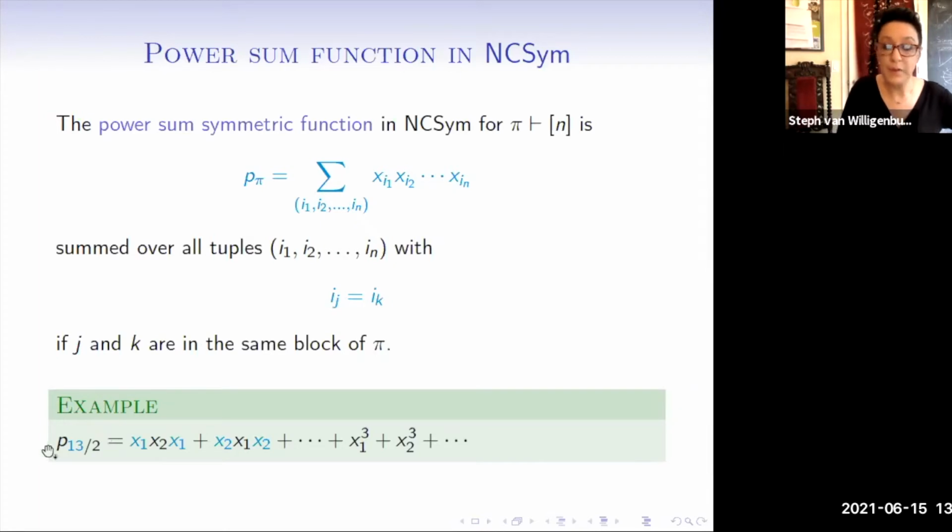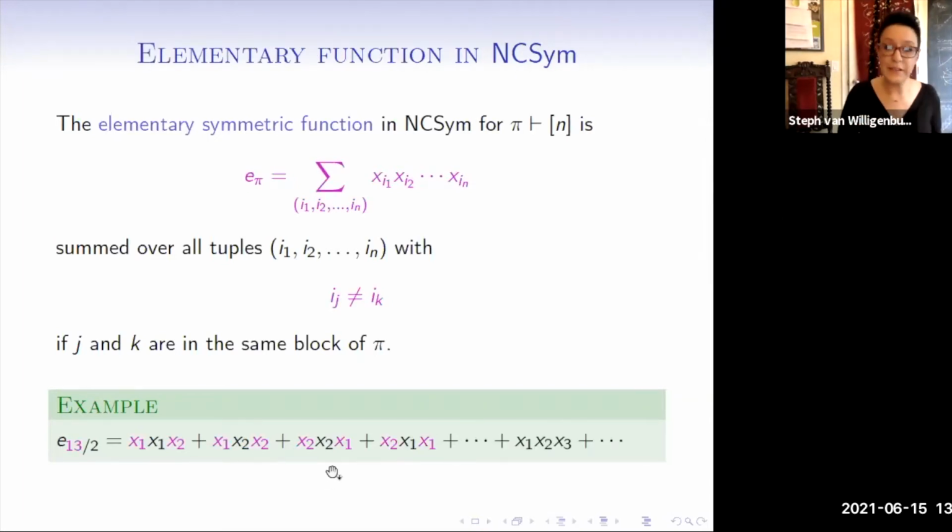So if we wanted to compute p_132, then since 1 and 3 are in the same block, the variables in the first and the third positions have to be the same. So things like x1 x2 x1, x2 x1 x2, and so on. But you could also have that all three variables are the same, so you're going to get terms like x1 cubed, x2 cubed, and so on.